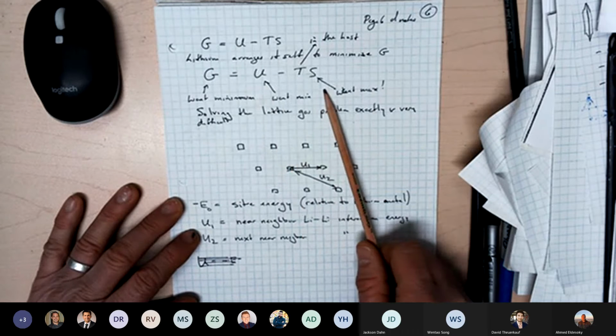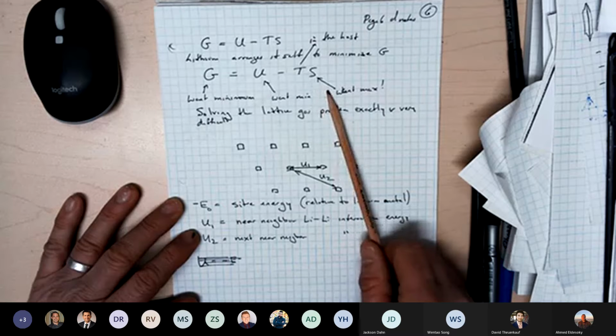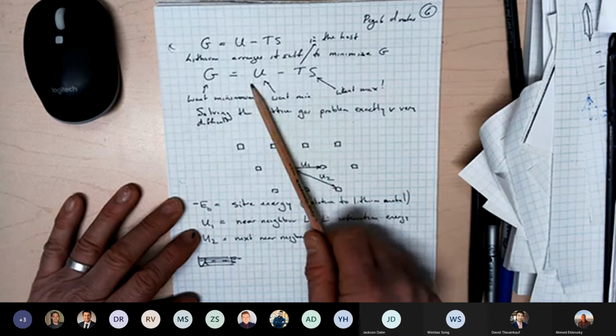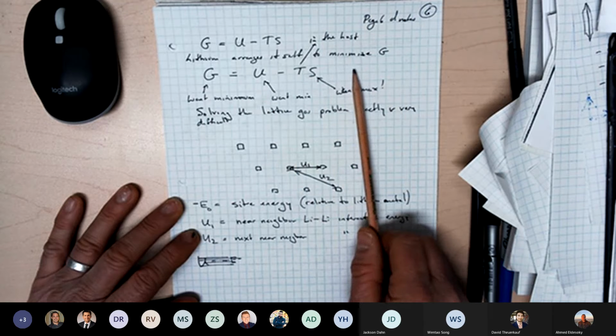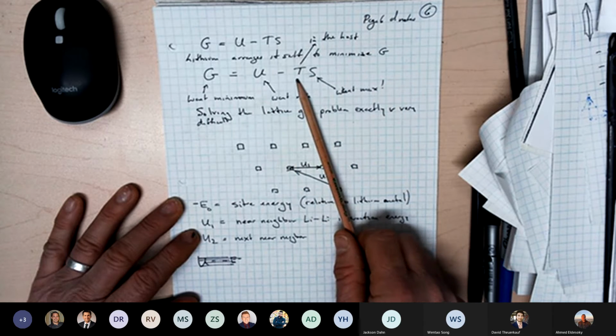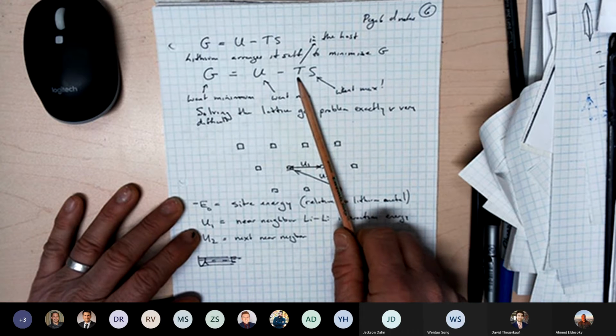And we also want the entropy to be a maximum, because G is U minus TS. Okay, it's also plus PV, but I'm going to ignore the pressure-volume term because it's very small. And we want to do these calculations at real temperatures because we don't exist at 0 Kelvin.